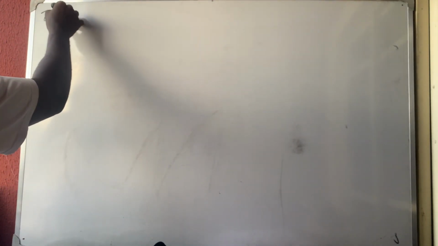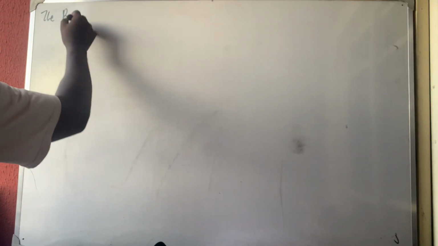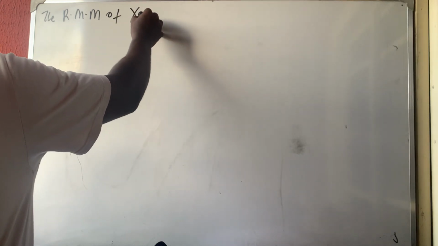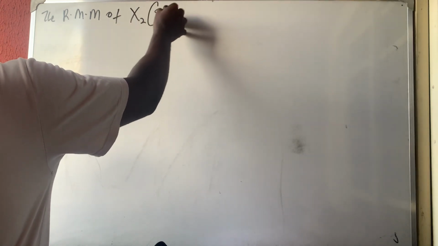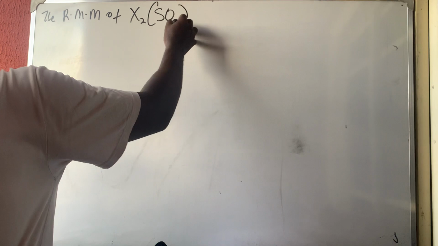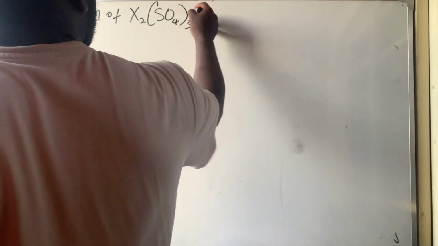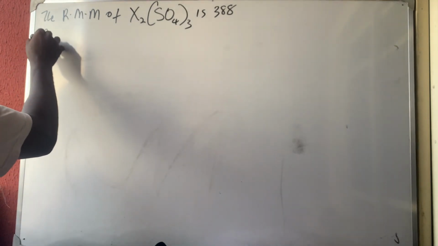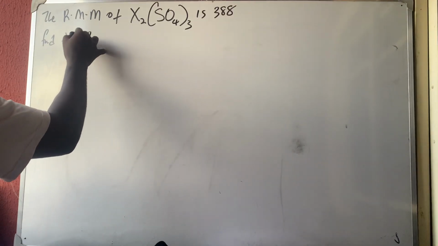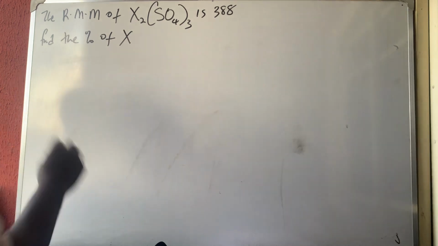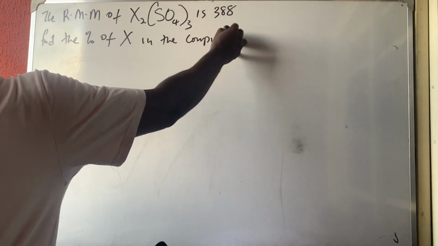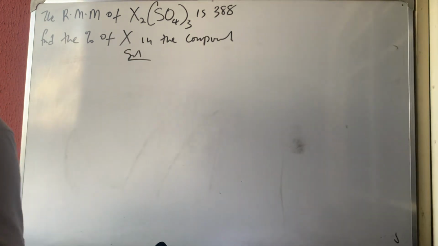So the last question here said the relative molecular mass of X2(SO4)3 is 388. Then find the percentage of X in the compound. Solution. Okay.